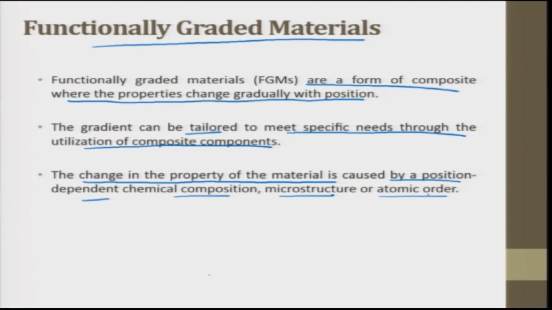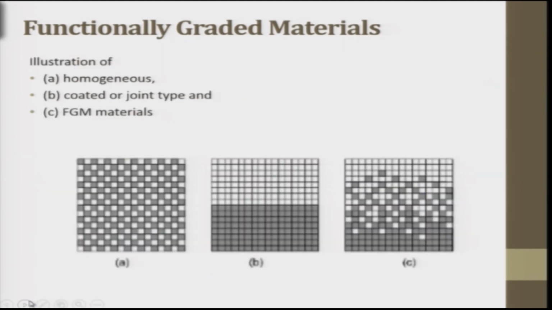These functionally graded materials can be obtained from conventional processes, but nowadays rapid manufacturing processes are also used to get these materials. What are FGM? This represents the graded composition. This is homogeneous composition. A is homogeneous, B is coated and C is the functionally graded material.